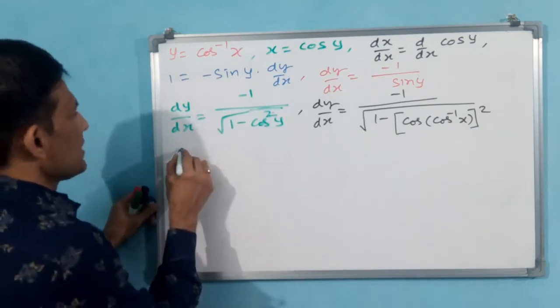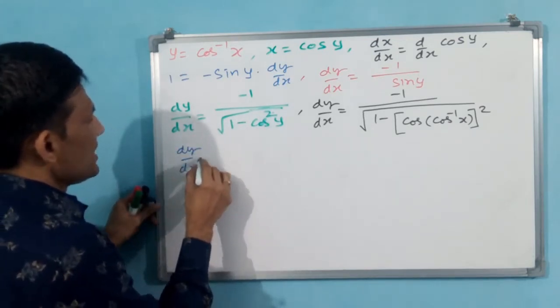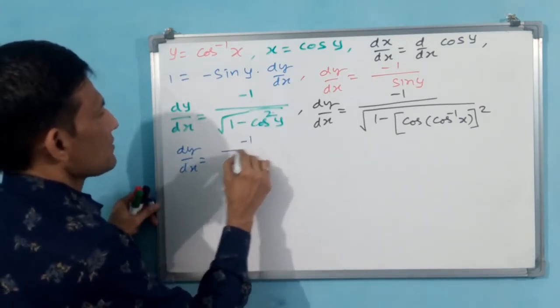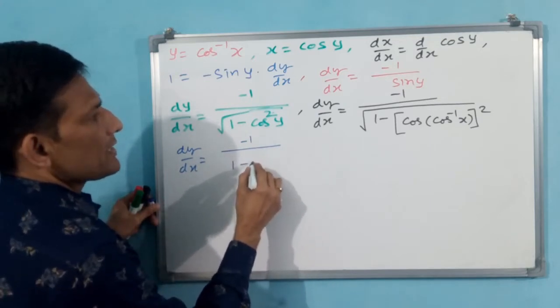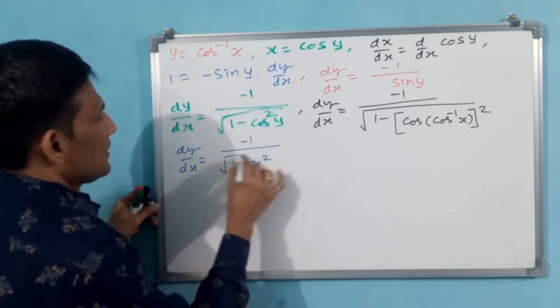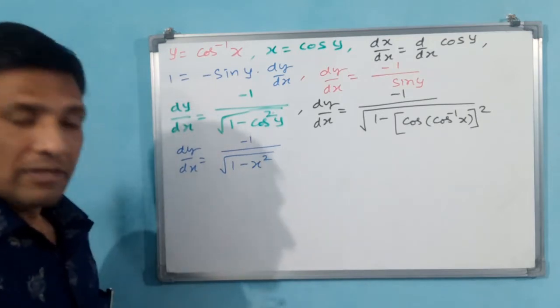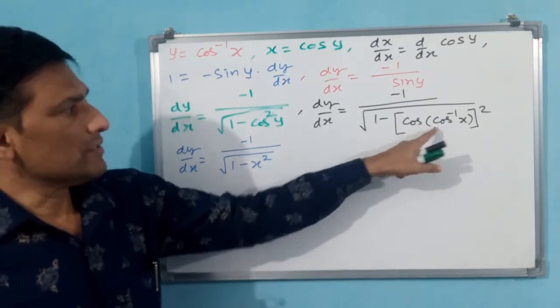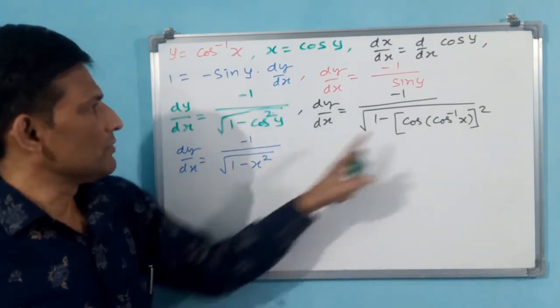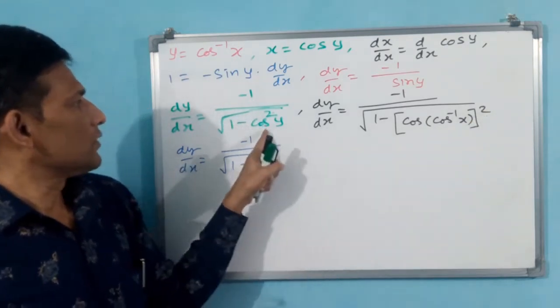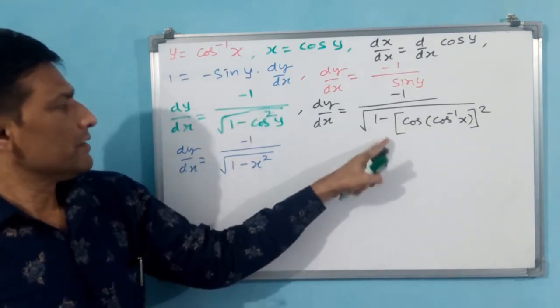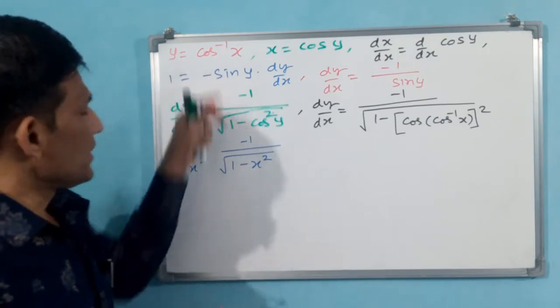So dy by dx is equal to minus 1 by the square root of 1 minus x square.